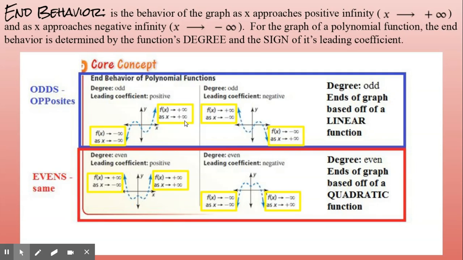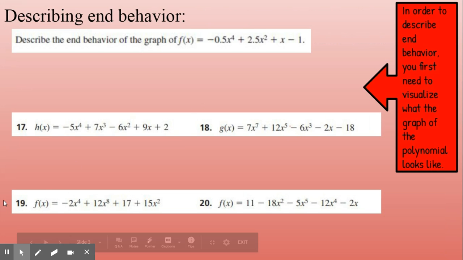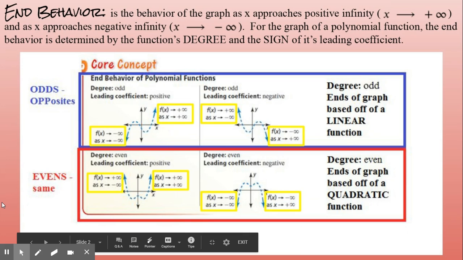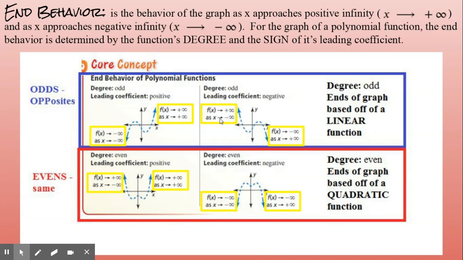So again, basically what I'm doing is I split it into two. F of x, remember, is just y. I'm saying where are the y's pointing to as the x's are on either side, whether it's the positive side or the negative side. Okay, let's go back a second. So if it's negative, it flips it. On the left-hand side, my graph is pointing up in this case because the function is going in a downward motion.